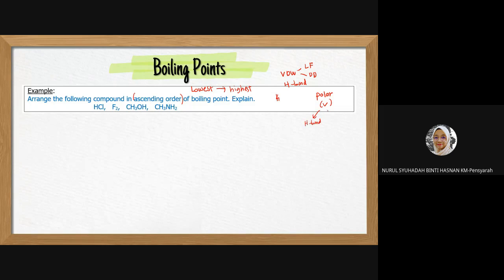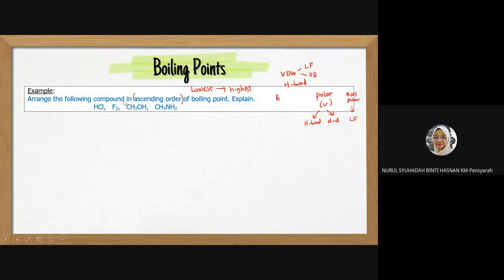Kalau dia tak ada hydrogen bond, maksudnya dia akan jadi dipole. Kalau dia non-polar, automatically dia akan ada London forces. So yang paling kuat dekat sini adalah hydrogen bond, followed by dipole and then London forces.